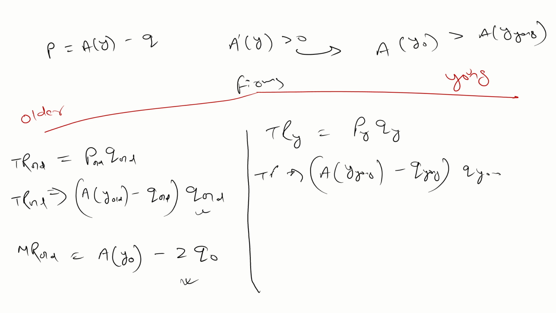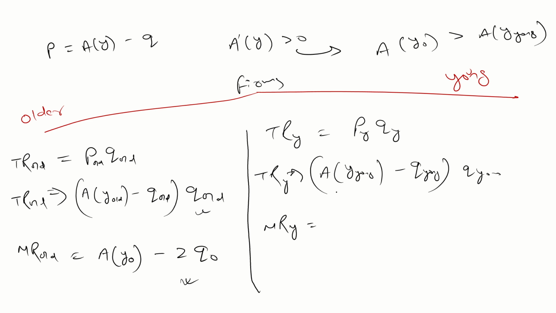That is the total revenue in the young period. So guys, for the marginal revenue, we just have to differentiate with respect to quantity, QY, and we will get the marginal revenue of that firm in the young period.